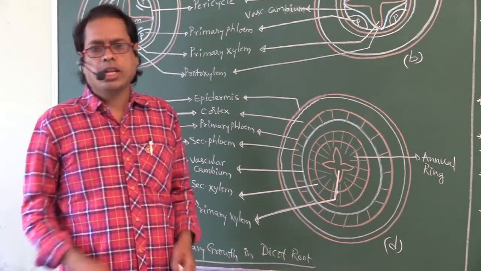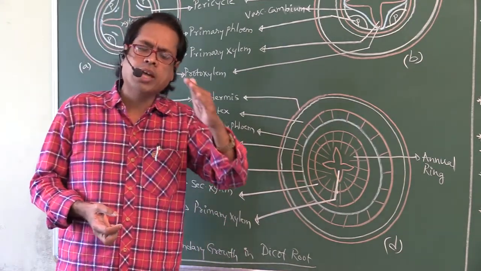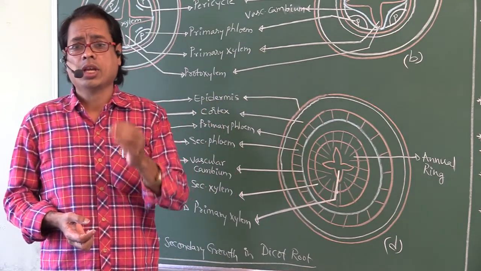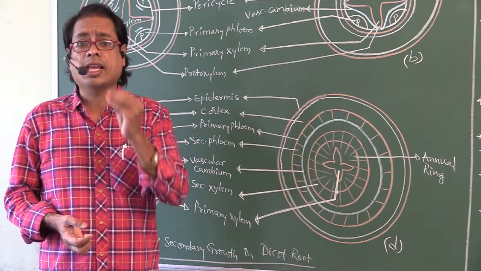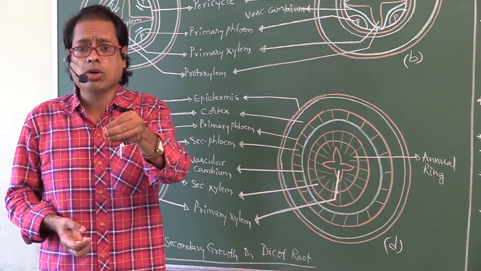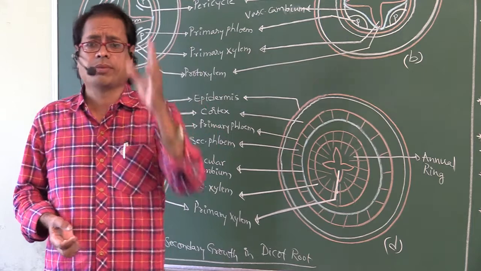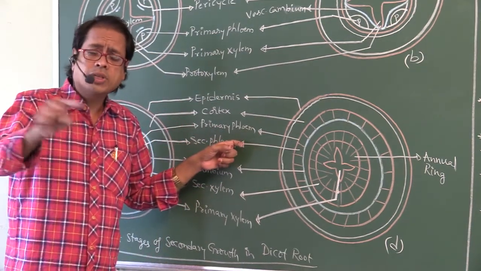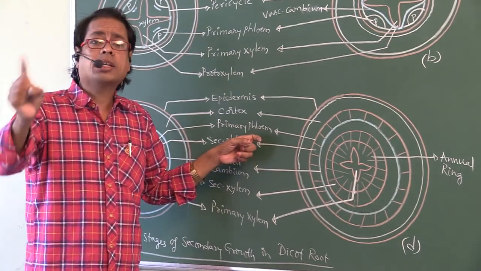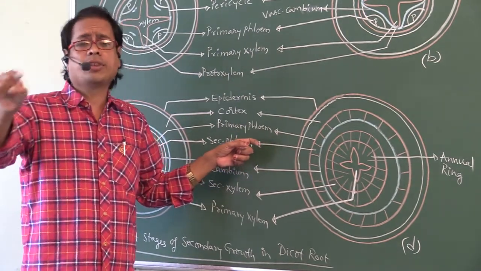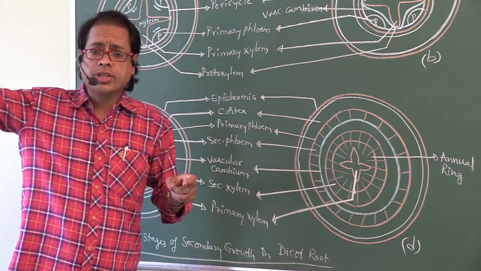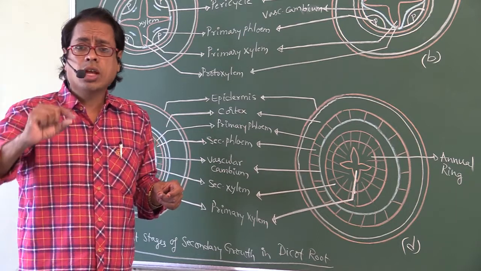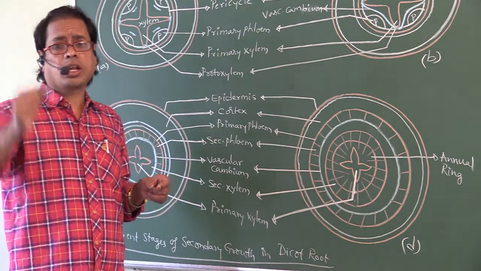So after the formation of vascular cambium, the further events are the same in dicot root as in dicot stem. In dicot root, vascular cambium is formed from a part of pericycle and a part of conjunctive tissue. Whereas in dicot stem, it is a combination of intrafascicular cambium and interfascicular cambium.